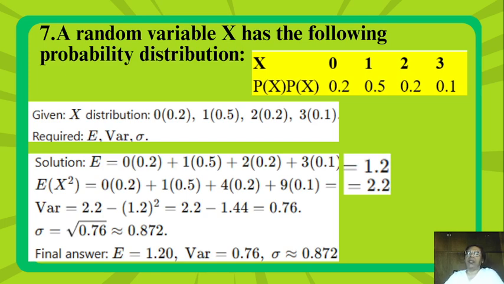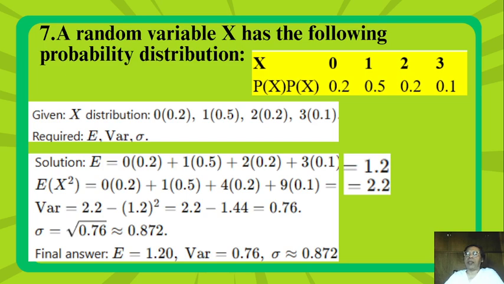So as solution, you just simply take the summation of the product of x and p(x). So we have 0 times 0.2 plus 1 times 0.5 plus 2 times 0.2 plus 3 times 0.1. The answer is 1.2.